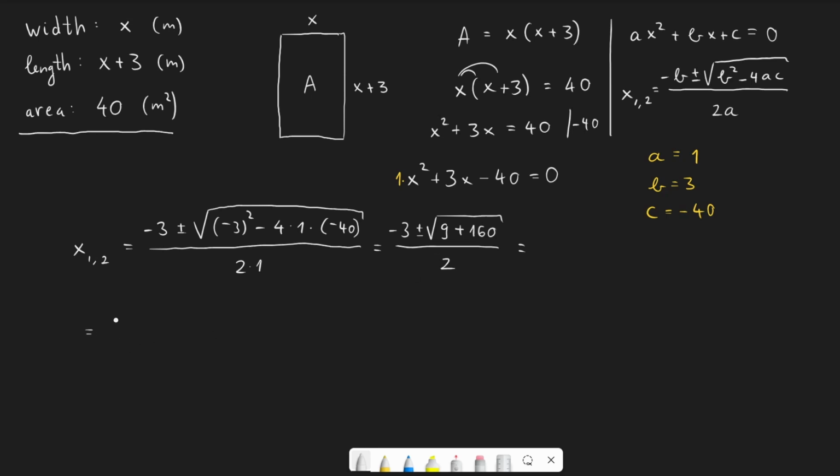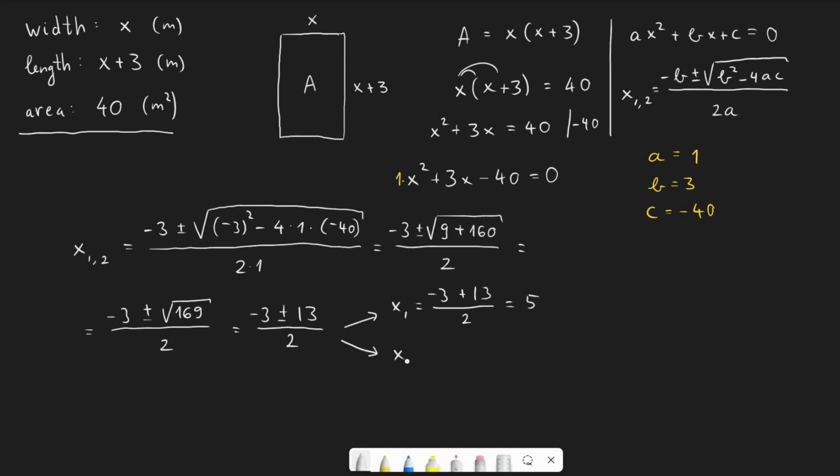So I will continue here the calculation. So minus 3 plus minus square root of 169 over 2, and you can calculate the square root of 169, but that is 13. So minus 3 plus minus 13 over 2. So x1 is minus 3 plus 13 over 2, which is 5.